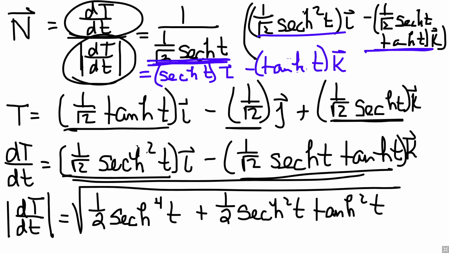Wait, can you hear me? Yes, I can. Oh, so why did it become a negative when we did the derivative? Remember the derivative of the last 3 hyperbolic trig functions. So for cotangent, for secant, and for cosecant, they're all negative.